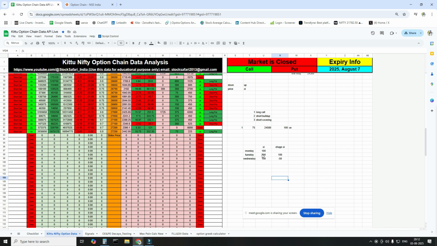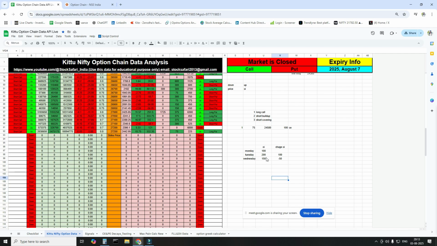On Monday we have 100 chocolates, on Tuesday 200 chocolates, so that is a 100% increment. But on Wednesday we have around 150 chocolates; 50 chocolates have been sold off. That means there is a bearish segment we can identify. Open interest has decreased, and change in open interest has also decreased.